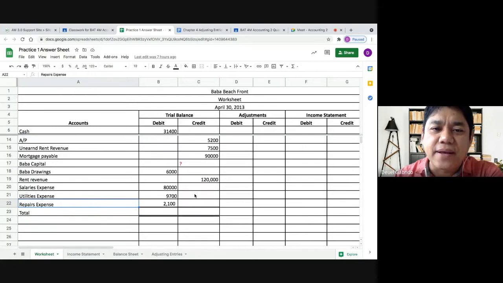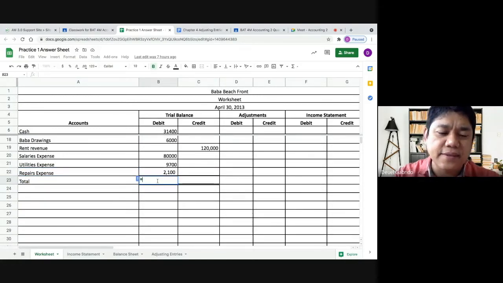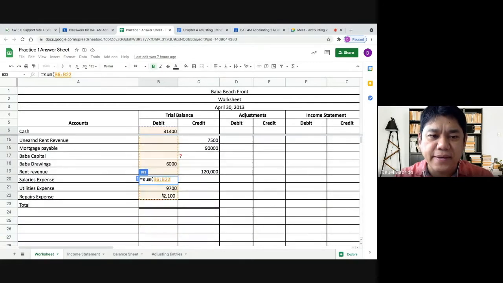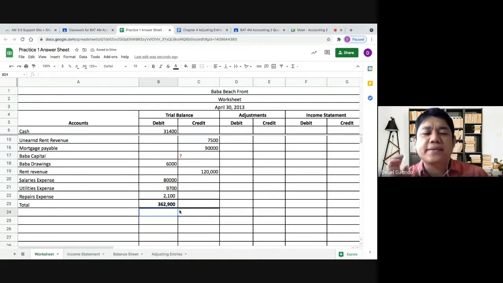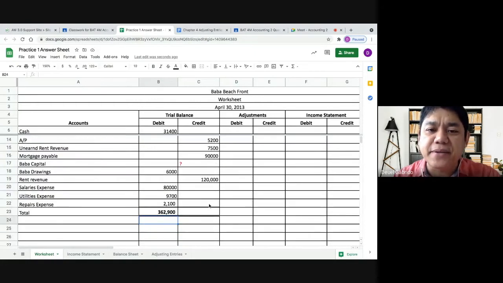So let's add them all. Equals sum, 31,100 going all the way down to 2,100, close bracket, then enter. So the debit totals $362,900.